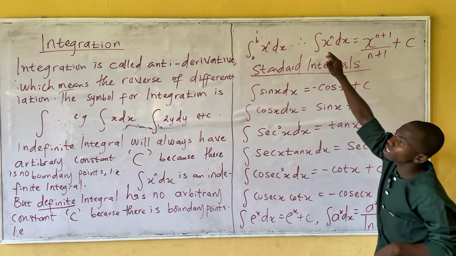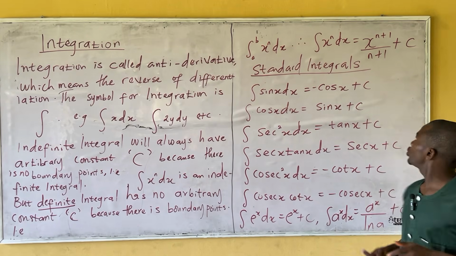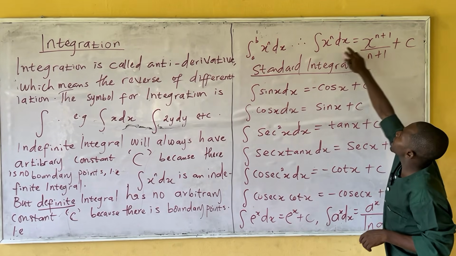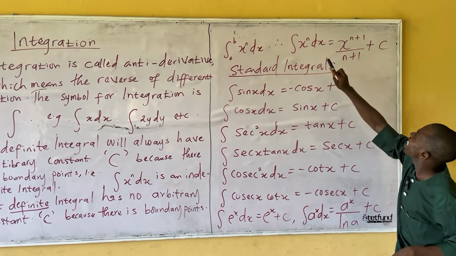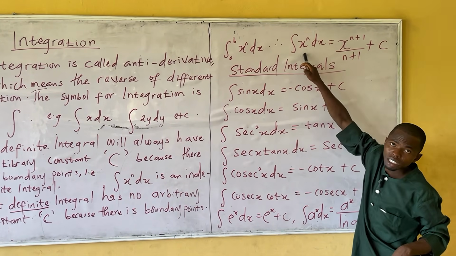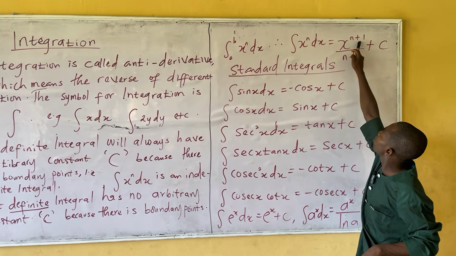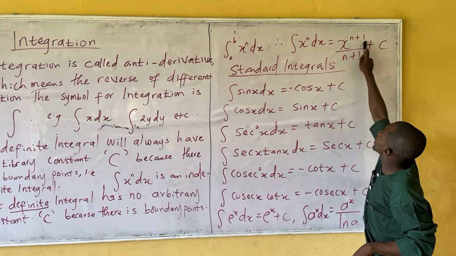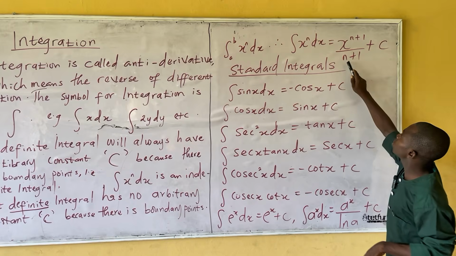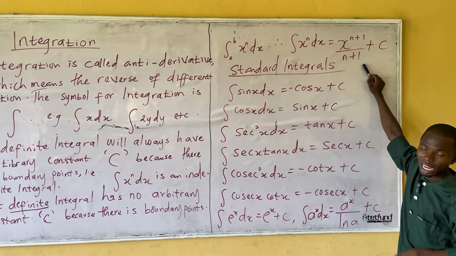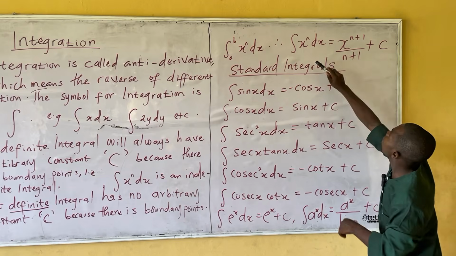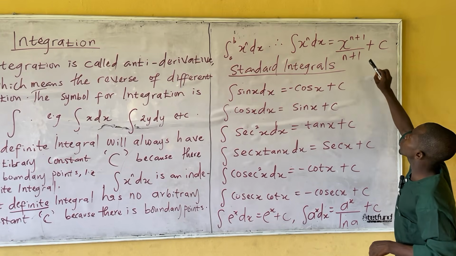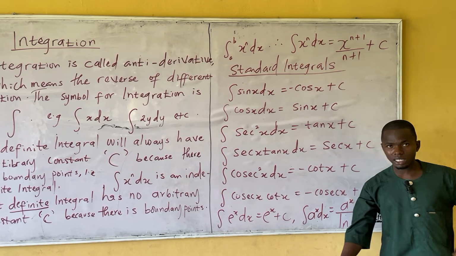If x has power n, add 1 to the power, and then divide by that same n plus 1 at the bottom: x raised to the power of n plus 1 over n plus 1 plus constant C.